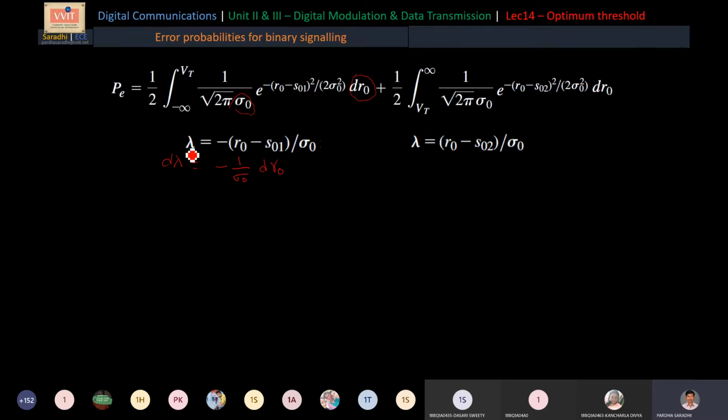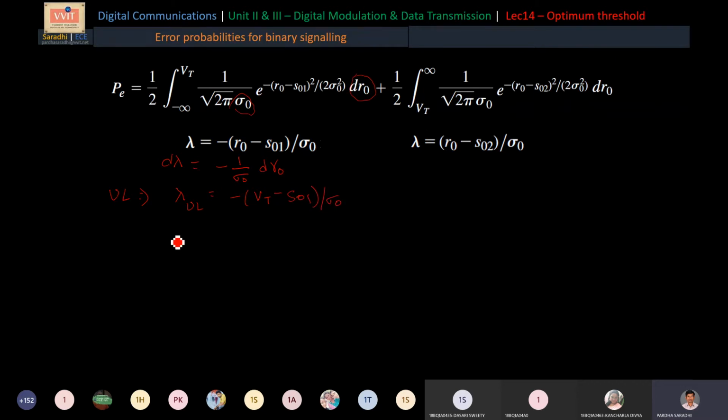Once we make these substitutions, the integration variable changes to lambda, so these two are together replaced by minus d lambda. Next, let us see what the upper limit is going to be. The lambda upper limit is minus Vt; in place of r naught we substitute the upper limit of this integration, so it becomes minus (Vt minus S01) divided by sigma naught.